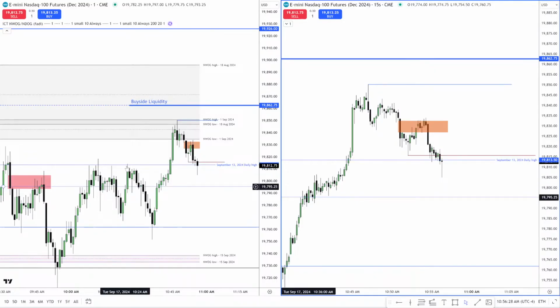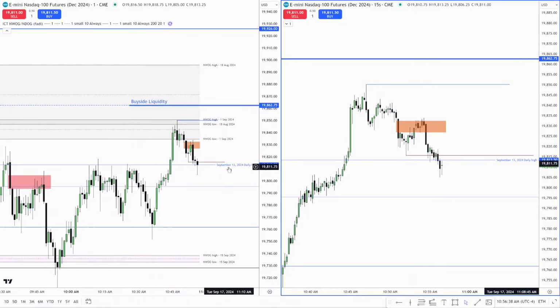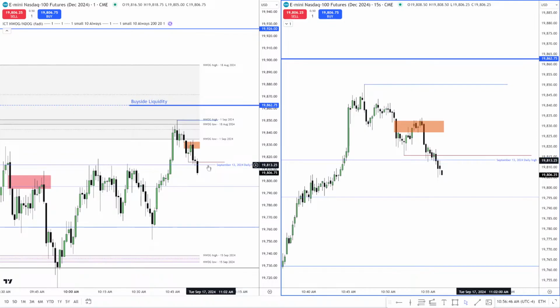Breaker, low, high, lower low, this candle's range, and we have that little inefficiency there. That's where we're in. We're inside of that right now, so I'm watching it. So we're inside of September 13th old daily high, and while I'm talking, on your own charts, you should drop a line on that September 13th daily high, and you'll see what that level is.